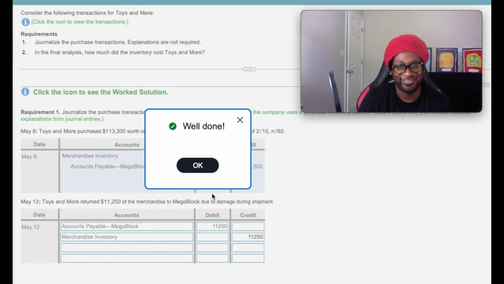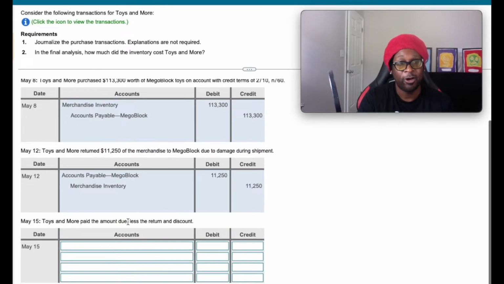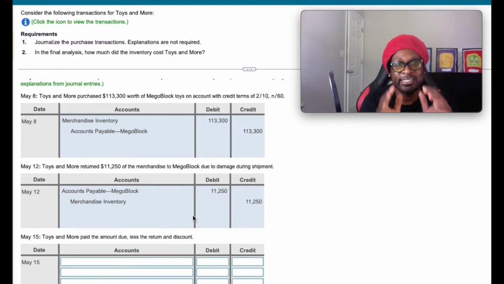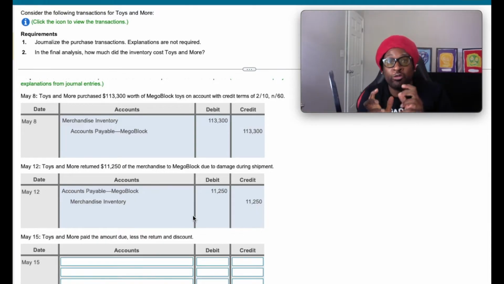Well done. Moving on. On May 15th, it tells us that Toys and More paid the amount due, less the return and the discount. So here's the deal, gang. When dealing with inventory, you always pay attention to the dates. The dates are critical to let you know whether or not you're going to receive or give a discount.